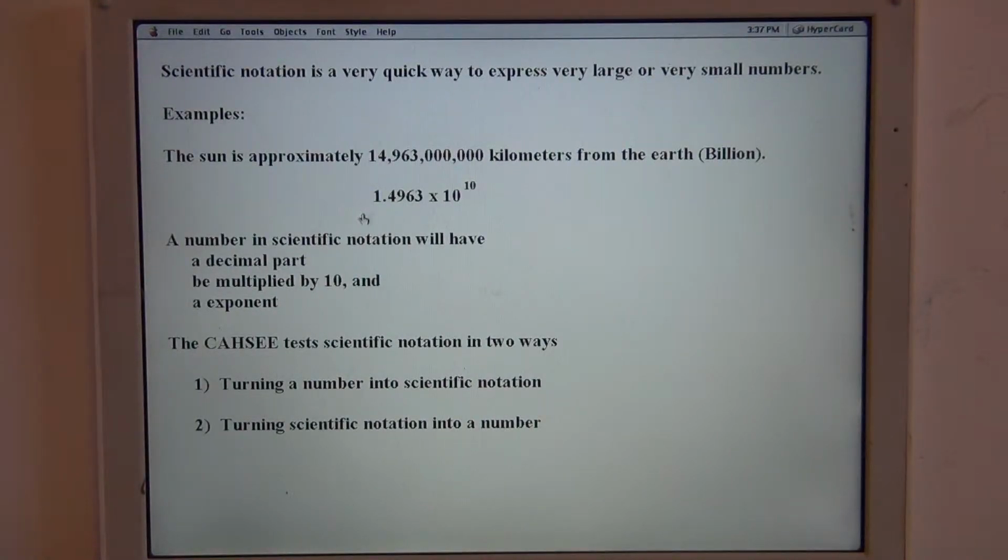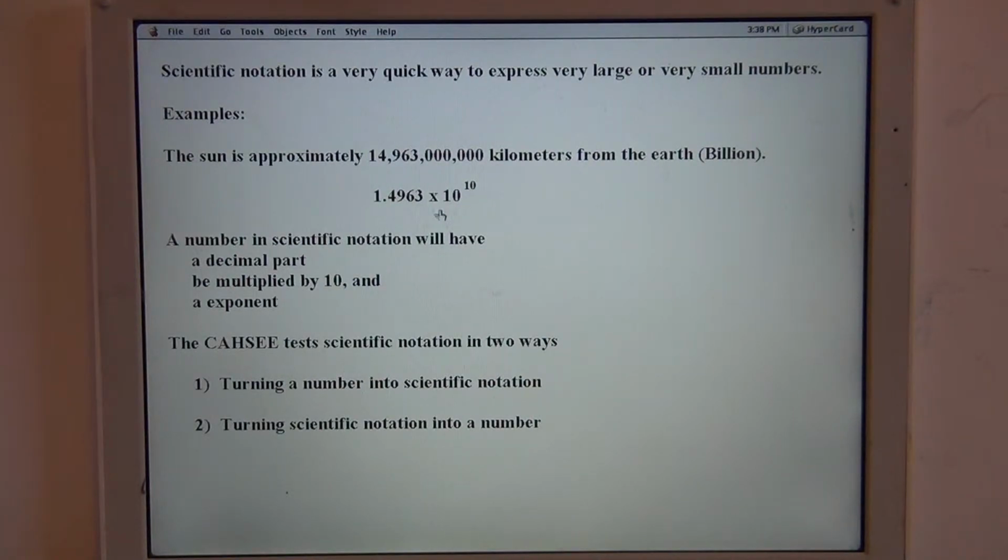One of the things that we're going to learn is how to change big numbers like this into scientific notation. Take a look at this scientific notation version of this big number. It has three distinct parts. It has a decimal, 1.4963, and then it is multiplied by 10 to a certain power.